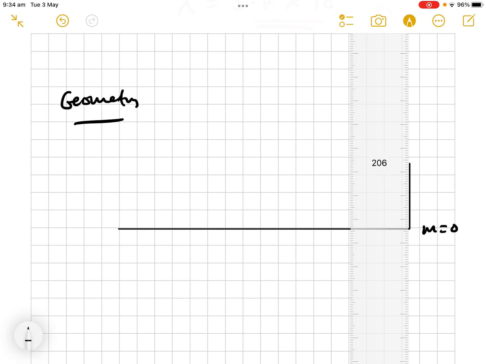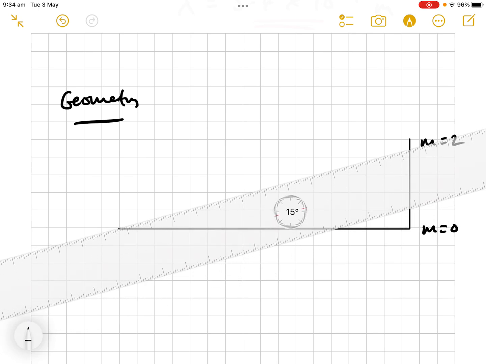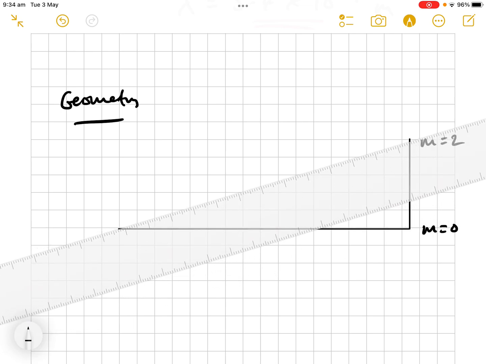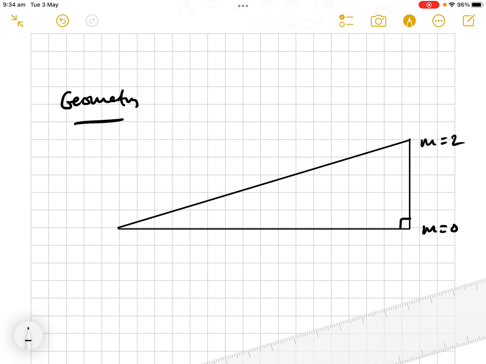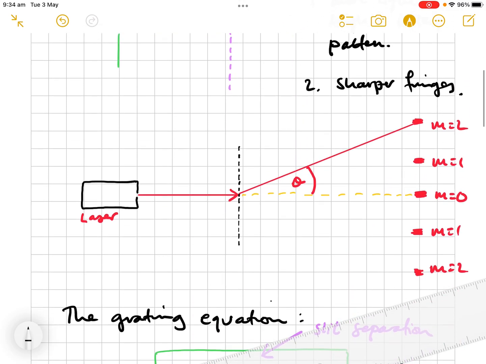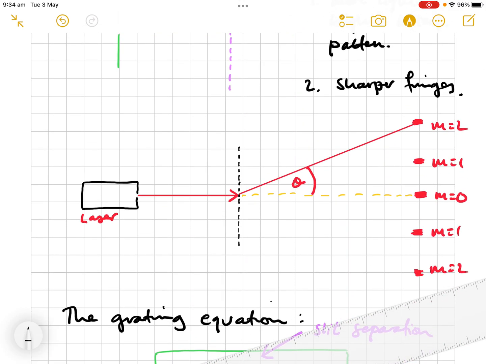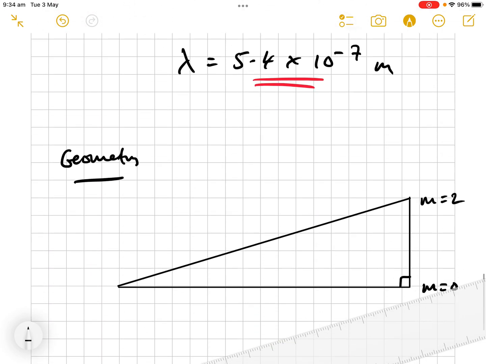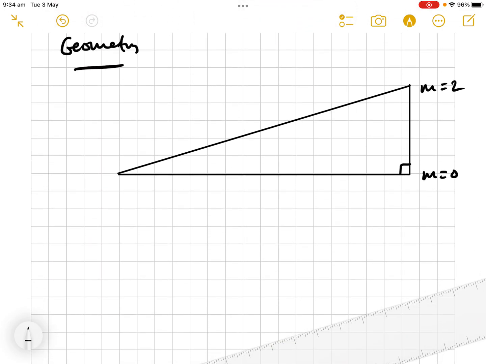And we can draw a line up to our m equals 2, or whatever m is involved, and that creates a triangle, like so. Just compare that with the experimental setup. You can see the triangle emerging there. We call this distance d, and we call this distance x. So if that's our deviation angle, theta, there you can see it.